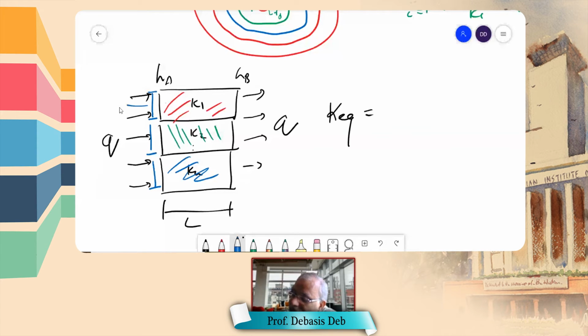Let me use the symbol from the book so that you do not get confused. I gave T. So let's say these are T: this is T1, meaning thickness, this is T2, and this is Tn.